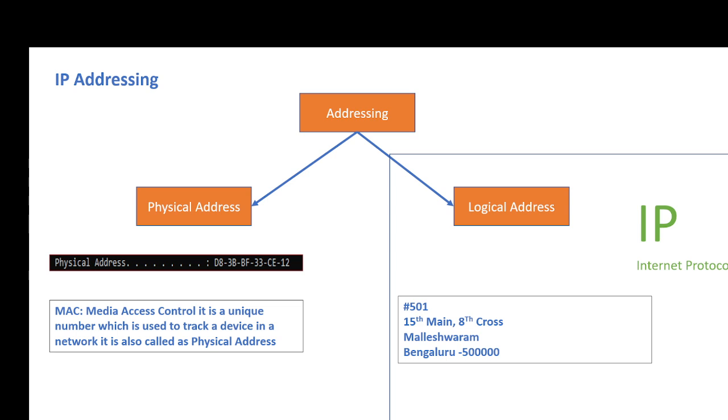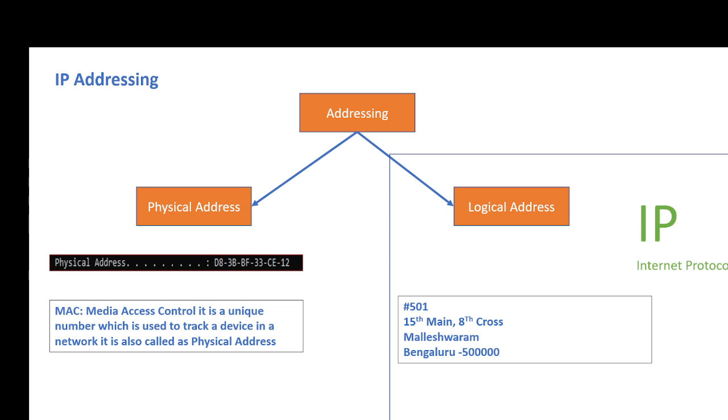And you may ask a question: sir, in which part of the computer is that physical address stored? The physical address is stored in the network interface card of the computer. The NIC card, we plug in our LAN card in that device. Or when you use Wi-Fi, that Wi-Fi card will also have one physical address, that is the MAC address.